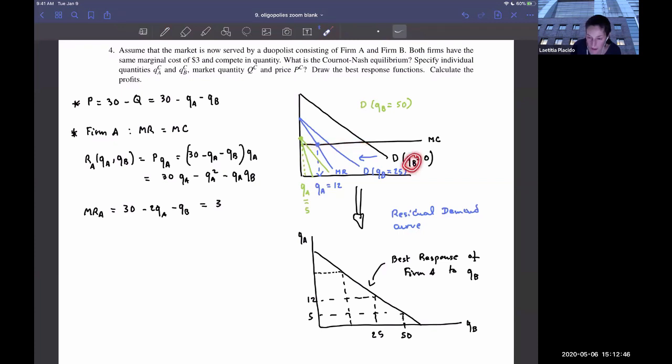Okay, for any quantity QB. All right, so now I'm going to express QA as a function of QB. Okay, and this is going to give me the best response. So QA, sorry, I have 2QA equals 27 minus QB, or QA equals (27 minus QB) over 2. Okay.